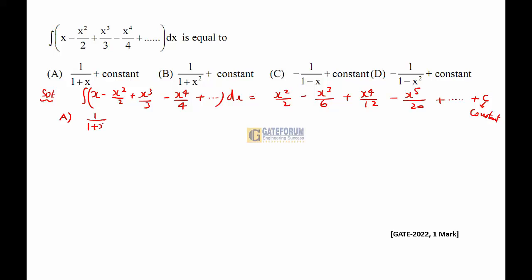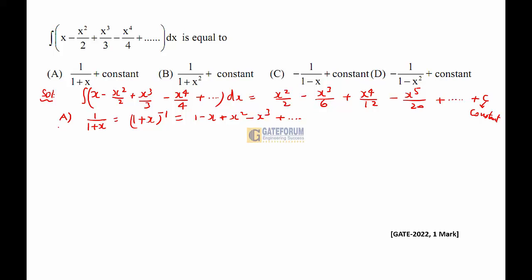1 by 1 plus x is equal to, I can write 1 plus x whole power minus 1. This simplifies to 1 minus x plus x square minus x cube plus etc. Okay, so this is not equal to the given integration.